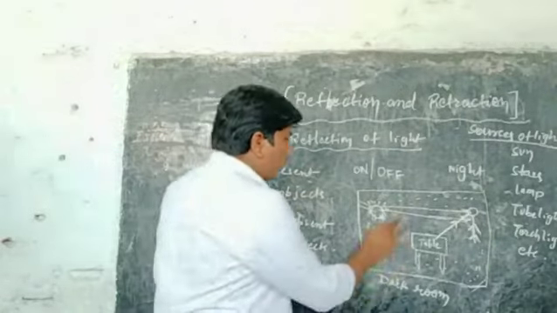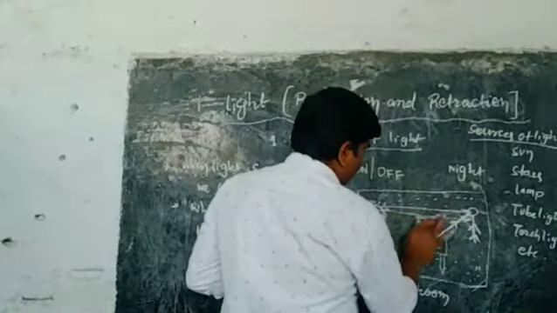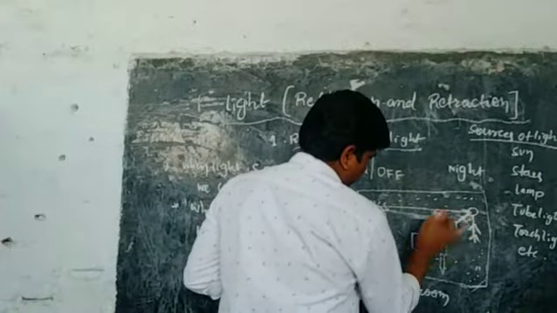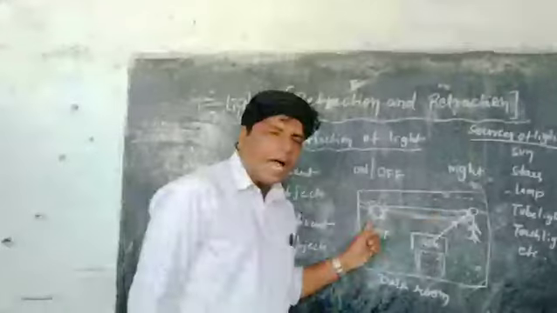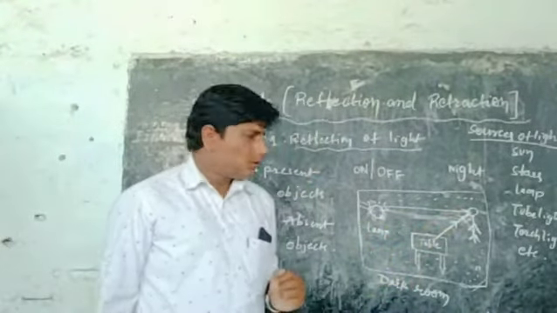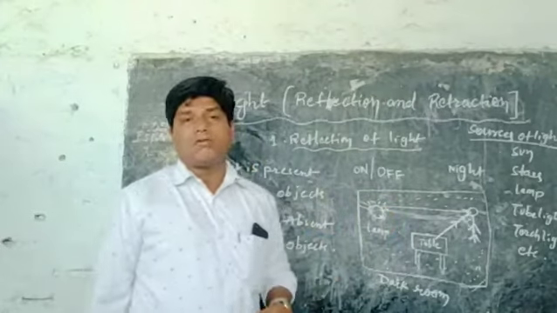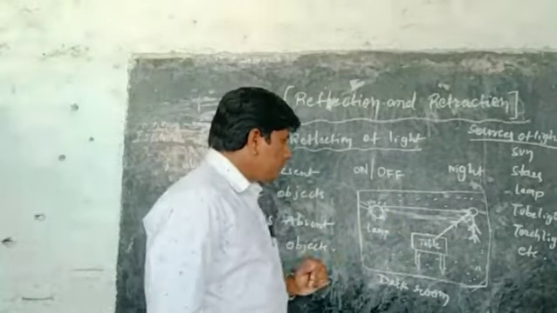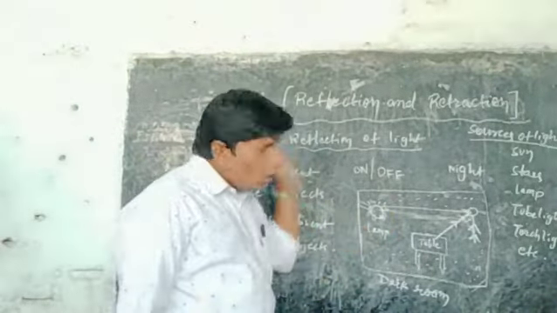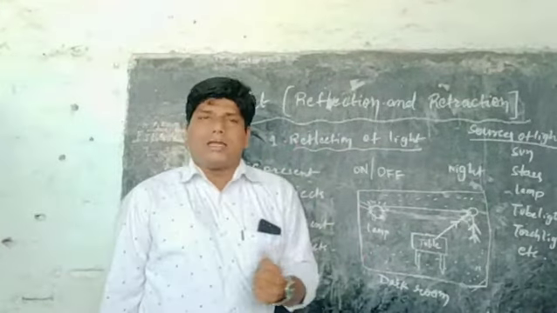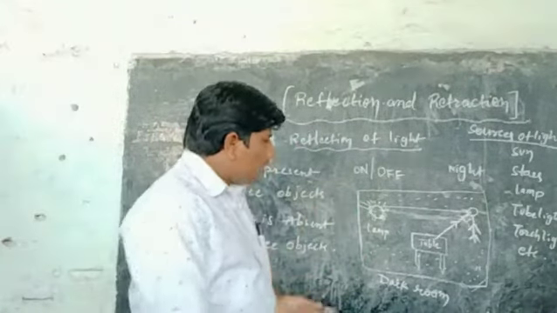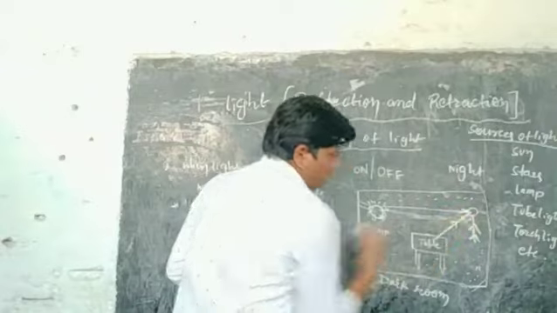And there is a difference in the viewing of these two objects. This person is viewing the lamp, this person is viewing the table. And there is a difference in that viewing. The lamp is luminous, it is giving its own light, so that light directly reaches his eyes.